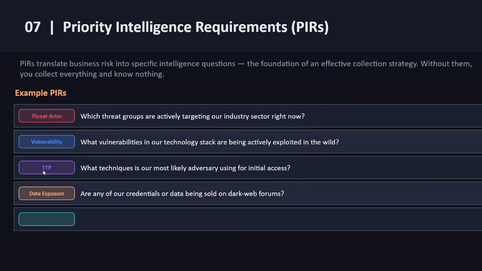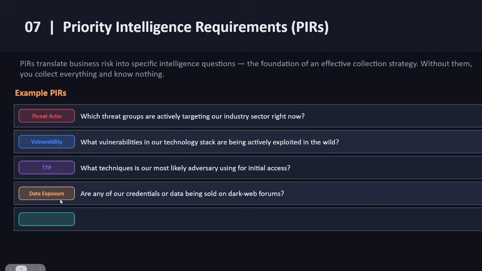Then TTP: what techniques is our most likely adversary using for initial access? What techniques, tools or procedures have they used to gain the initial access, from where they entered?